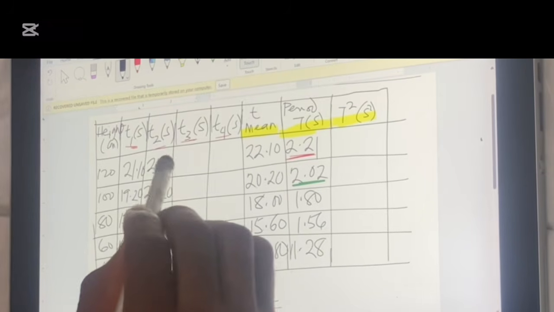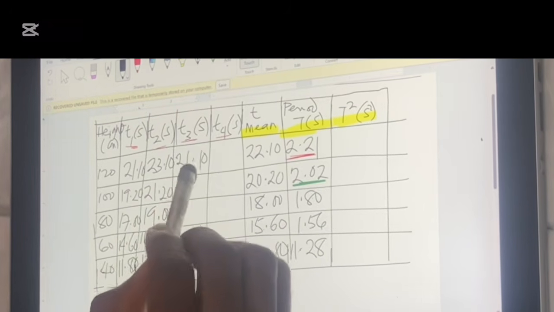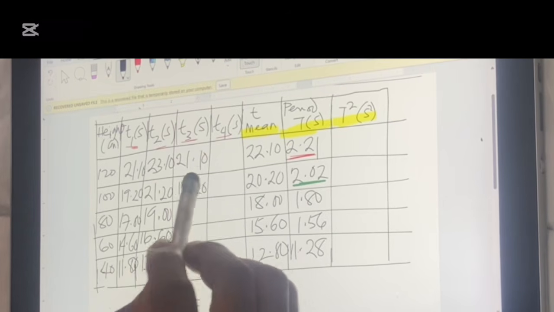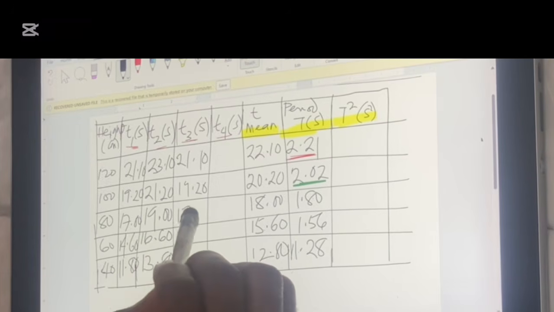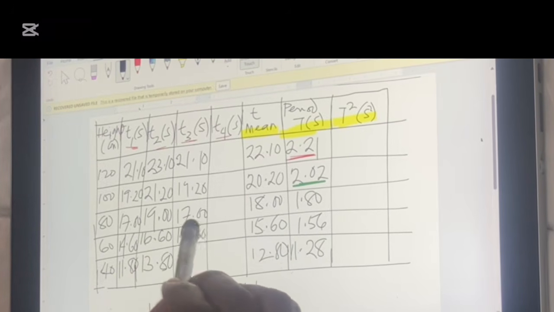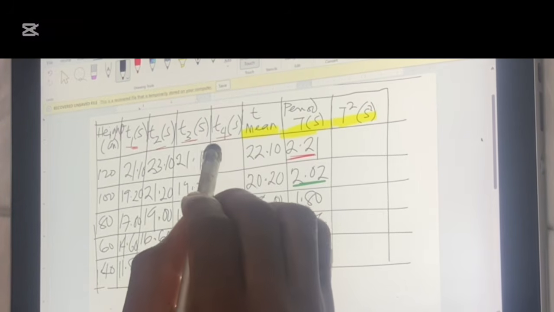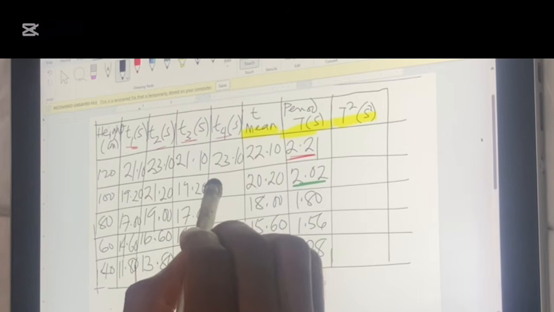I will write down T3 as 21.10. This will be 19.20. This will be 17.00. This will be 14.60. 11.80. Now this will be 23.10.